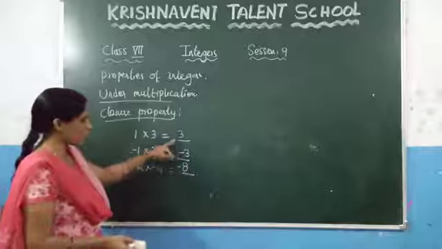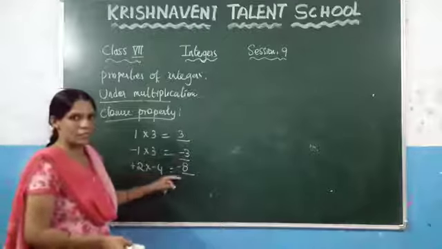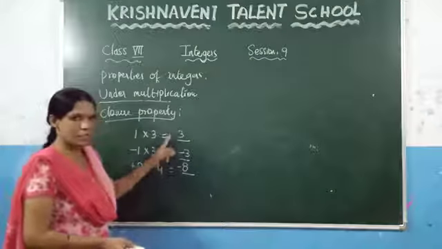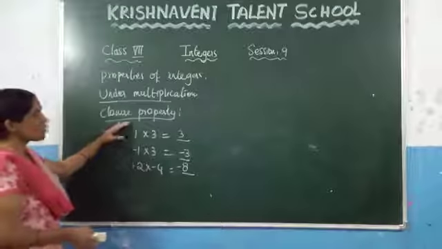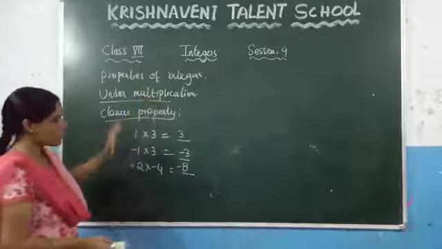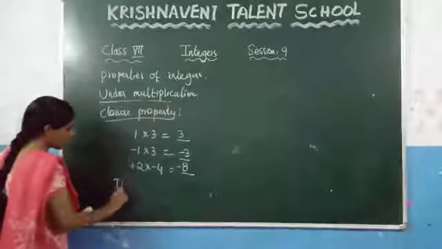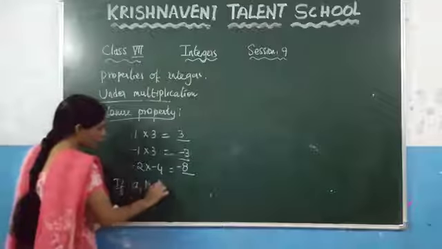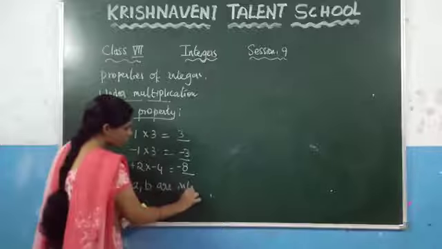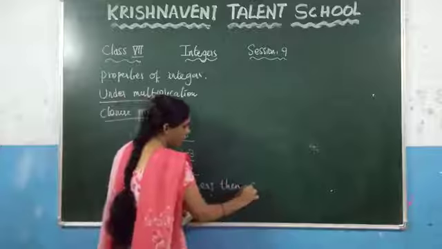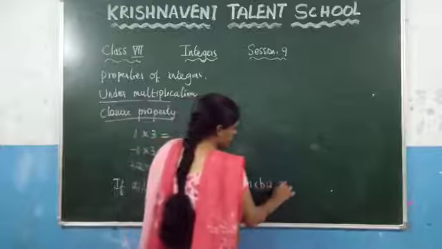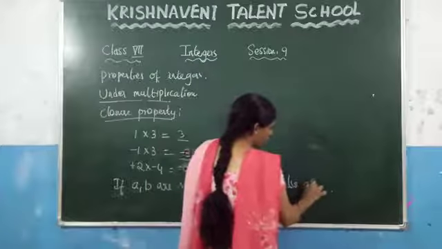The result is also an integer. You know that 3, minus 3, 8, these are all integers. So we can say that the closure property holds good under multiplication. Write it here in the form of a statement: if a, b are integers, then a into b is also an integer.